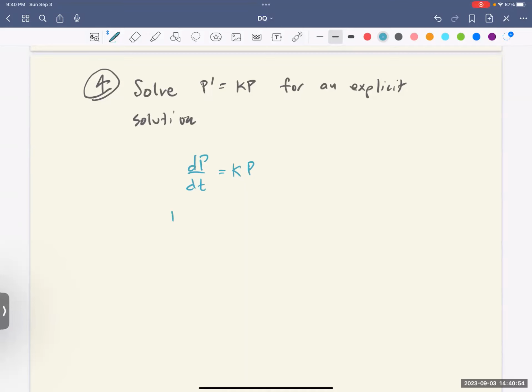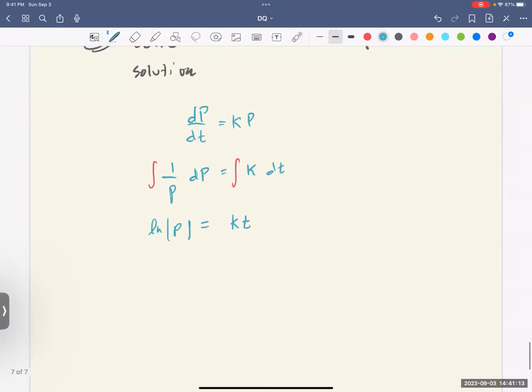We'd move the p to the left side, 1 over p dp. We could keep the k on the right, move the dt over, and we'll integrate. The left side becomes natural log absolute value p. The right side becomes kt plus a constant.